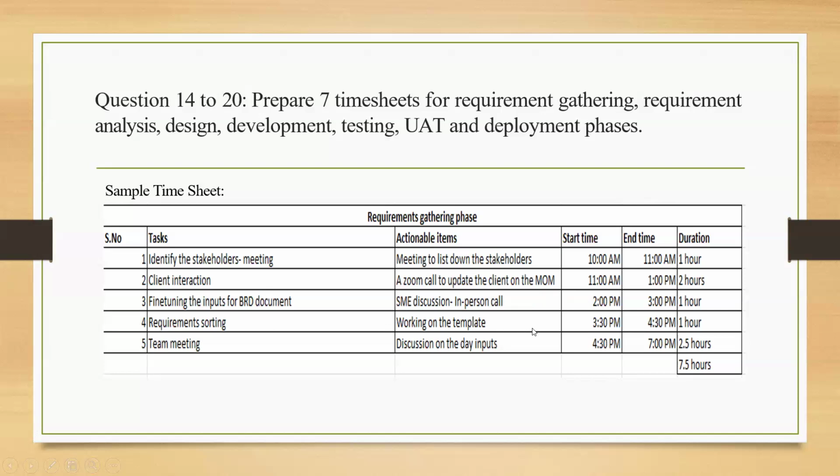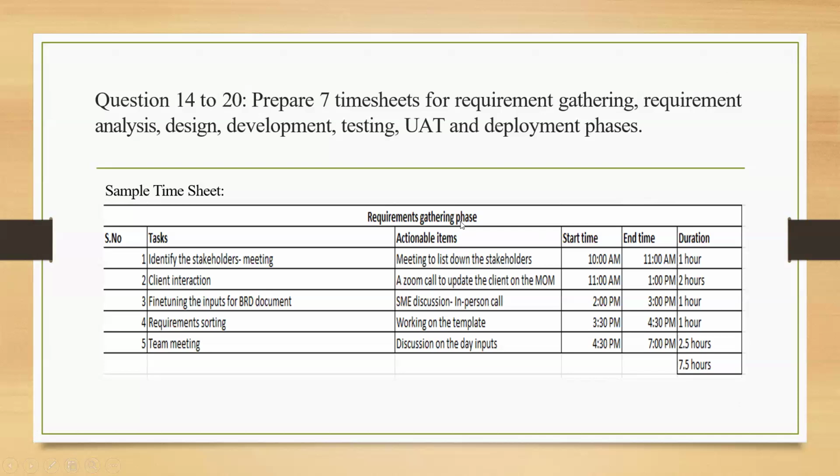We'll be sorting the requirements. Team meeting: there will be a discussion on the day's inputs. And we need to give the start time and the end time of that particular task. The start time is 10 a.m. to 11 a.m., and the duration is 1 hour. Total 7.5 hours. Likewise, you need to prepare timesheets for the remaining phases also.